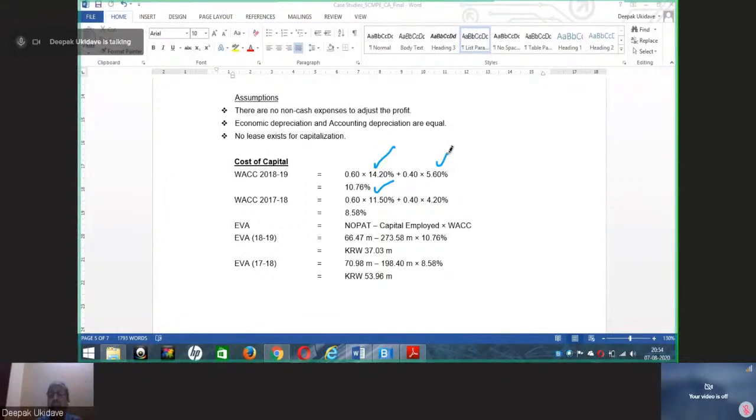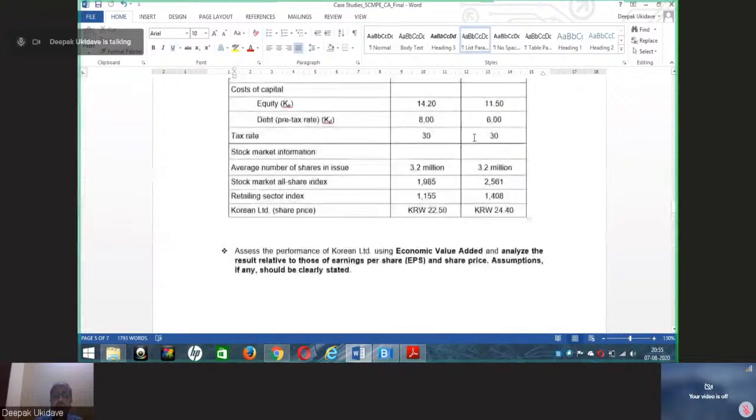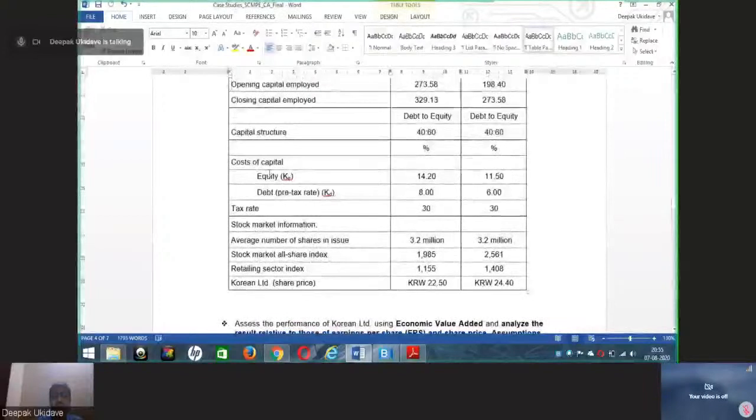Right? Sometimes students make mistakes in the calculation of this. KD given to you, in the absence of information, we assume it is pre-tax. But still we will refer to the original case, the data which is given to you. See the original case. It was highlighted in the case that the debt is at a pre-tax rate. KD is pre-tax. If it is categorically given as pre-tax, now you have no choice or option but to calculate KD post-tax.